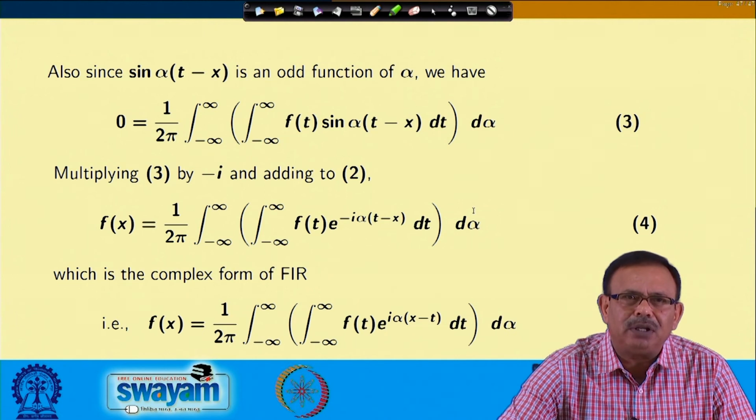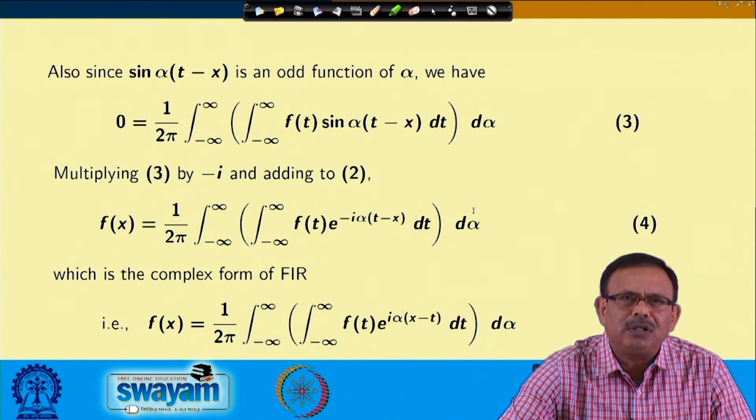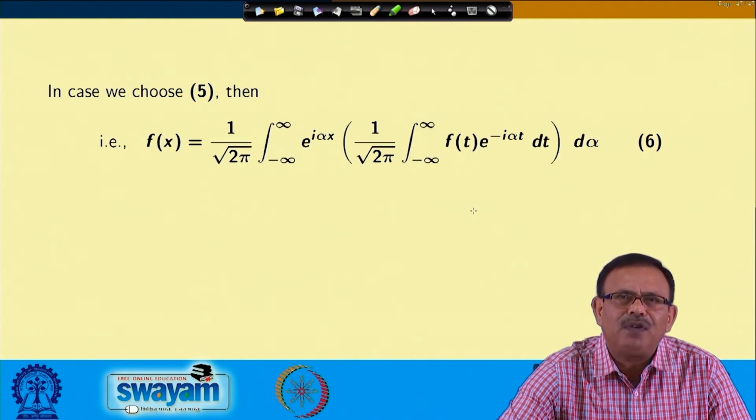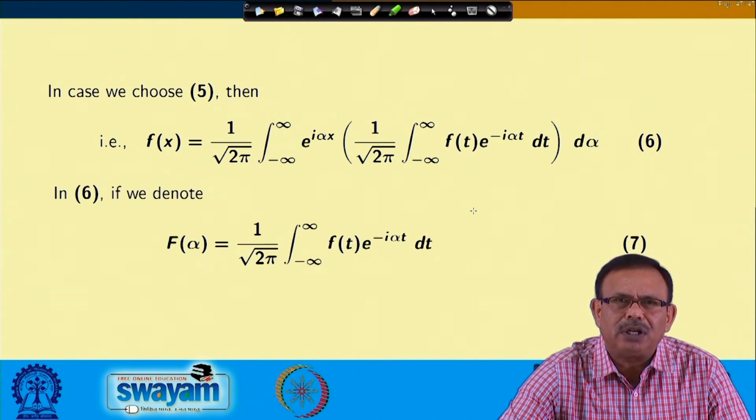So f(x) equals 1 by twice pi, integral from minus infinity to infinity, integral from minus infinity to infinity of f(t) e power i alpha (x minus t) dt into d alpha. This e power i alpha x I can bring outside the dt because alpha is independent, so I can write down equation 6 as I told.